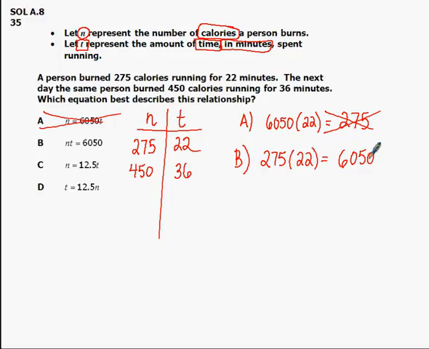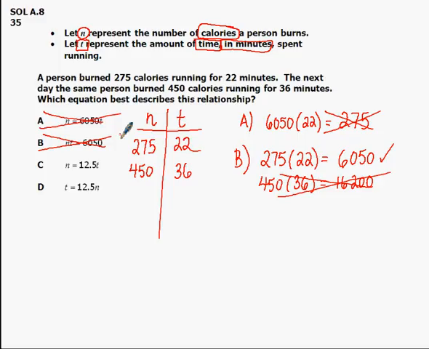So since that pair worked, I'm going to continue and see if the other pair works. The other pair says if I take an N value of 450 and I multiply by my 36, my T value, I should get 6,050. But if I punch that in my calculator, I actually get 16,200. So I can see that that does not match 6,050. So that choice is now out.